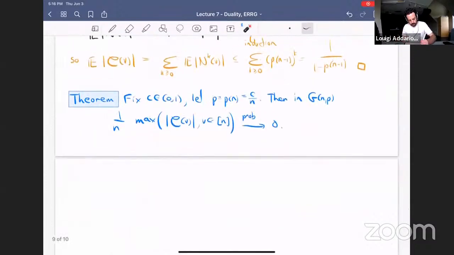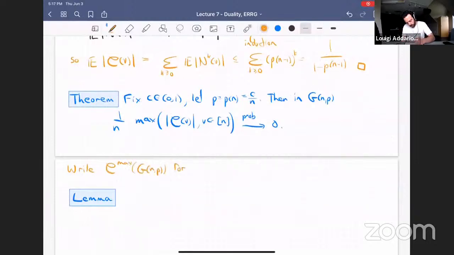Right. So to prove this, I'll use the following easy lemma. Let me actually, just here and hereafter, use the notation Cmax for the lexicographically least largest component of GNP.